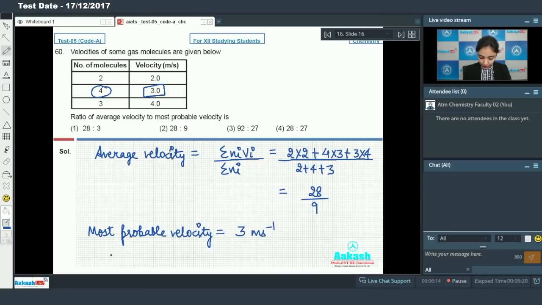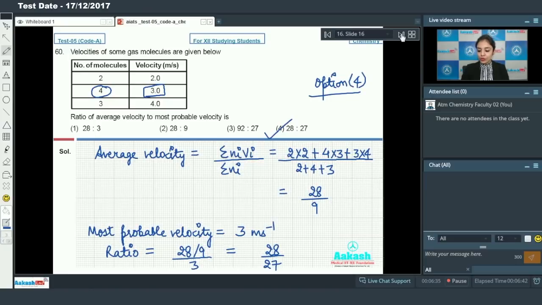Now you can calculate the ratio. The ratio will be equal to 28 by 9 divided by 3. So it is equal to 28 by 27. So the answer will be option number 4. So let's move on to the next one now.